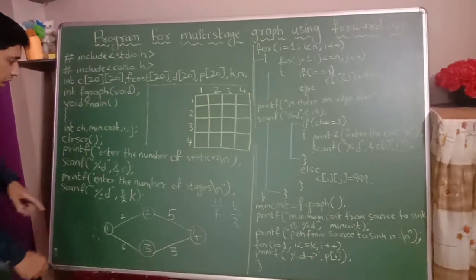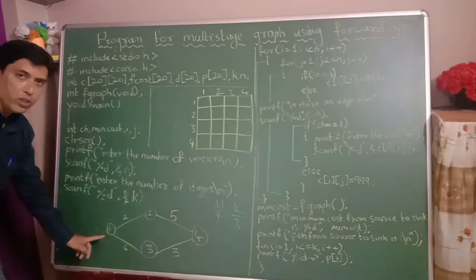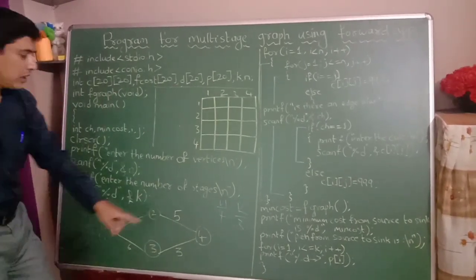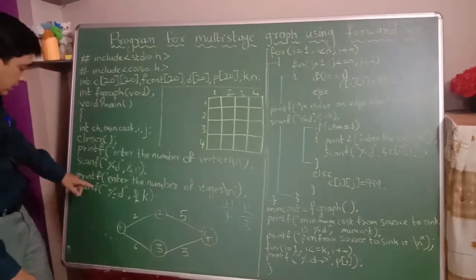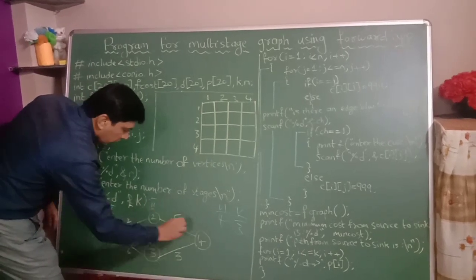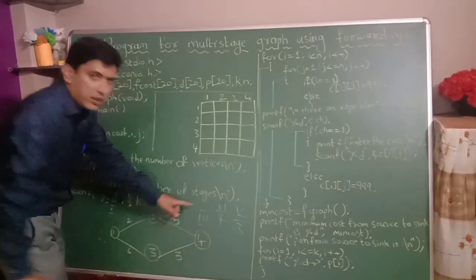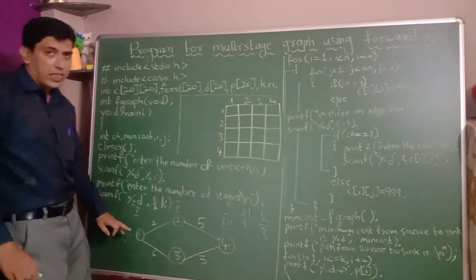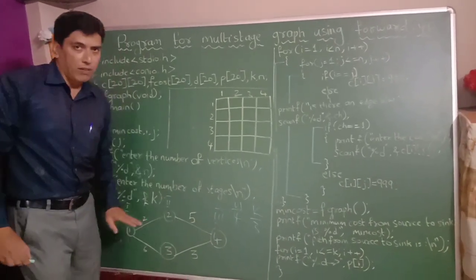As I have given the number of vertices as 4, I am representing them as vertices 1, 2, 3, 4, and the number of stages is 3. So this is called stage 1, this is called stage 2 and this is called stage 3. It is called a k-stage graph. The value of k here is 3. It is called a multi-stage graph.